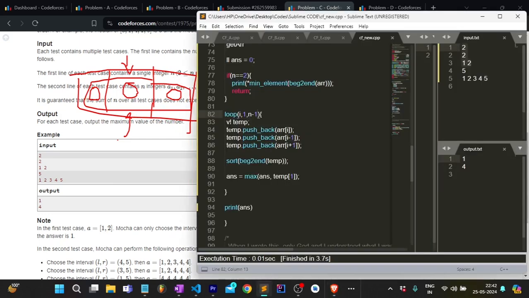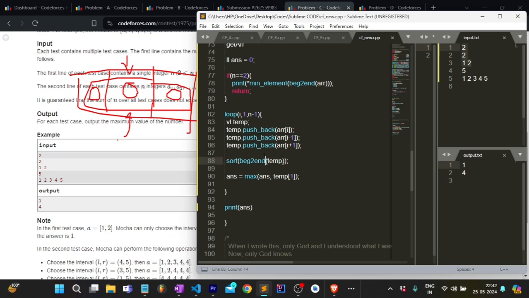So I'm taking a temporary vector in which I'm storing array of i minus 1, i and i plus 1, meaning 3 consecutive elements at a time. After that, I'm sorting my temporary vector in which I have stored the consecutive 3 elements. What is the median of these 3 elements? 0, 1 and 2 will be the indices of the 3 elements which I am storing in the temporary vector, and the mid one will be temp of 1.